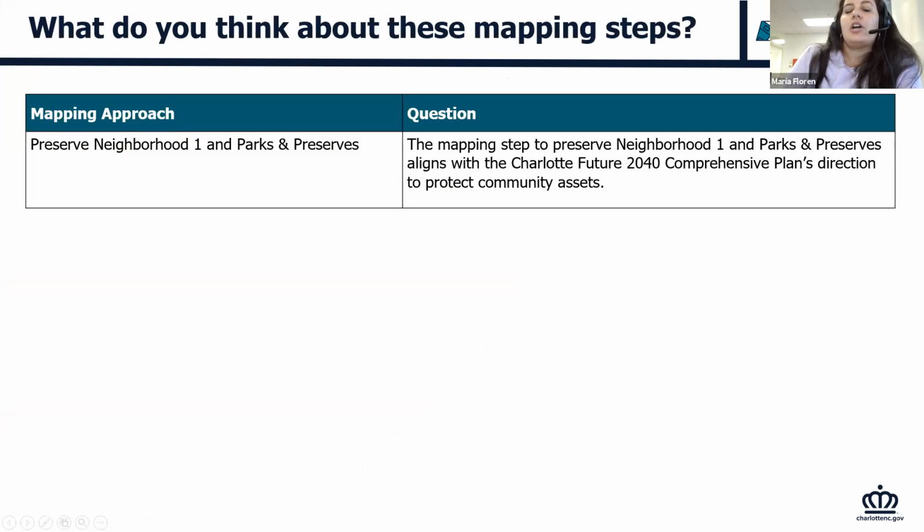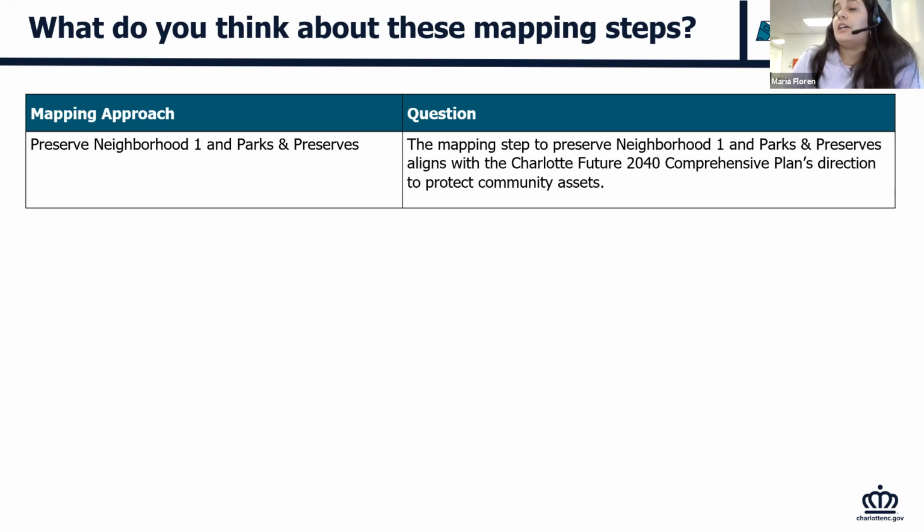So before we start talking about the potential changes to the current approach, we'd like to ask you some questions about what you've seen reflected so far in the draft. We think a number of these steps are accomplishing the goals of the comp plan, and we want to hear whether or not you agree. The first question, there's going to be a poll popping up soon, and we're going to see if you agree or disagree.